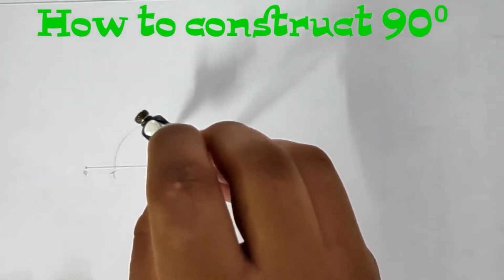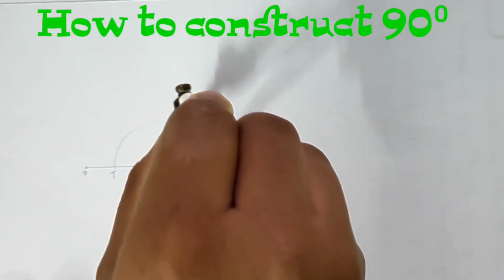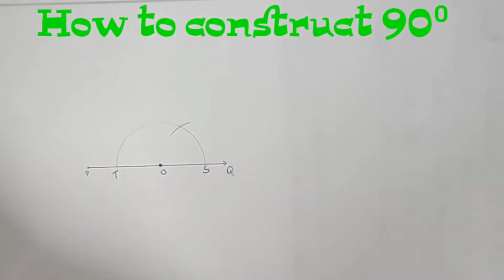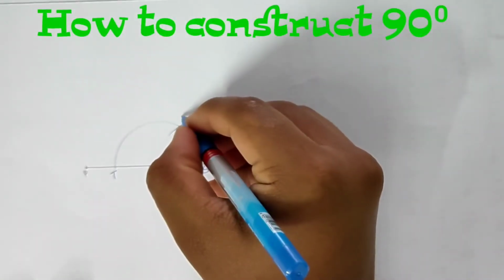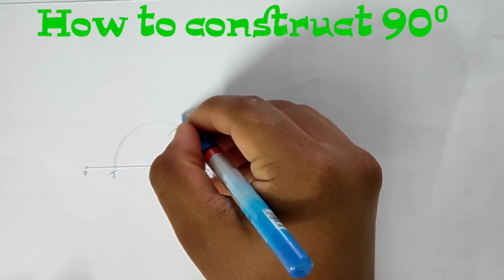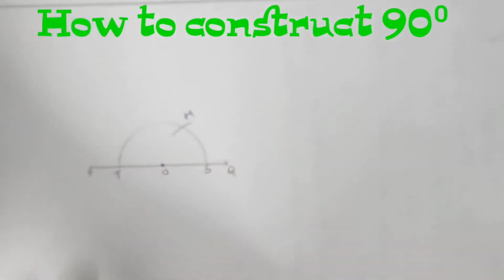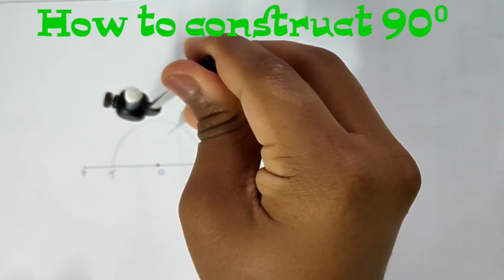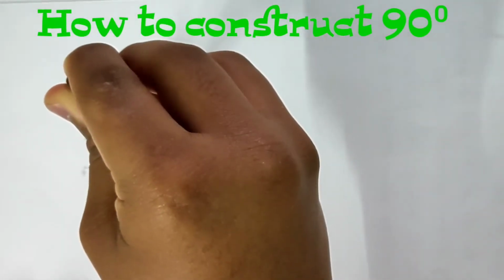From S, draw an arc. We get a point. Let us name it as something like M. From point M, draw another arc.